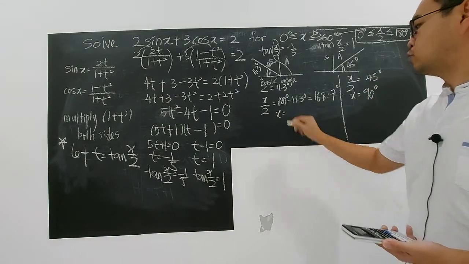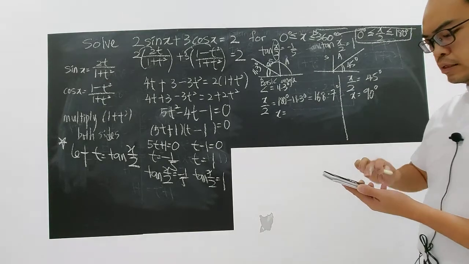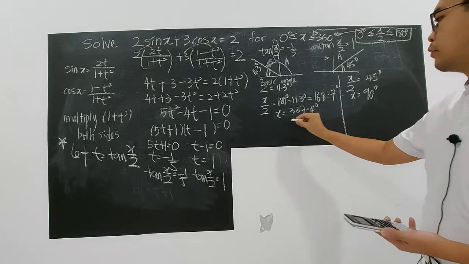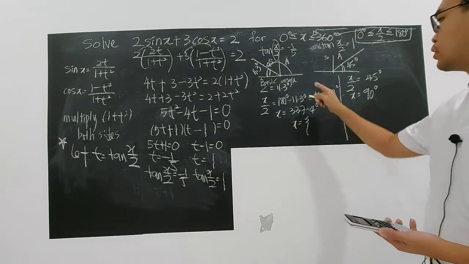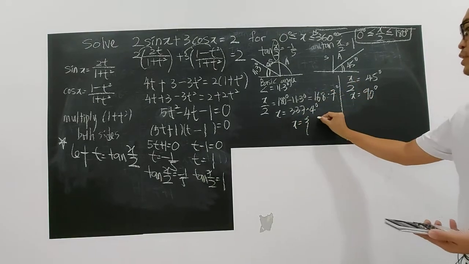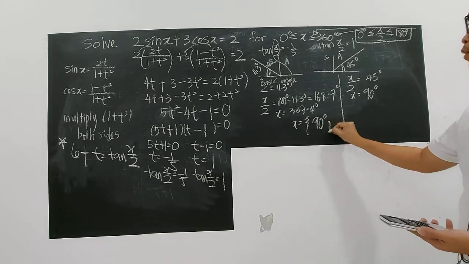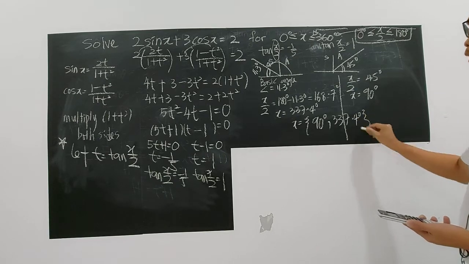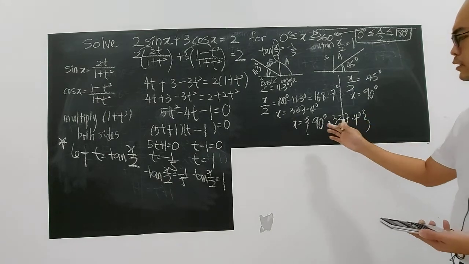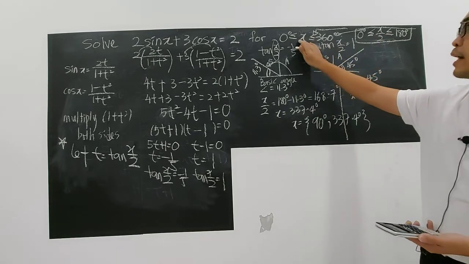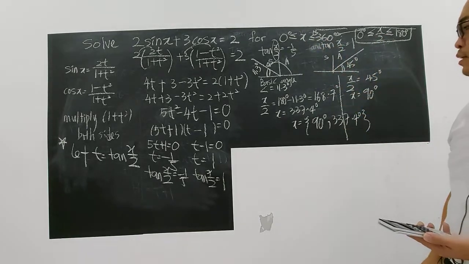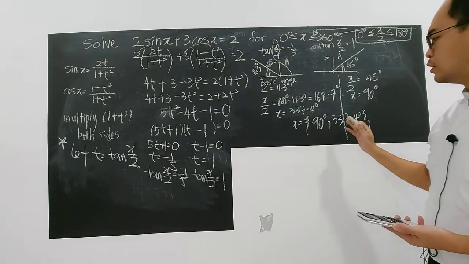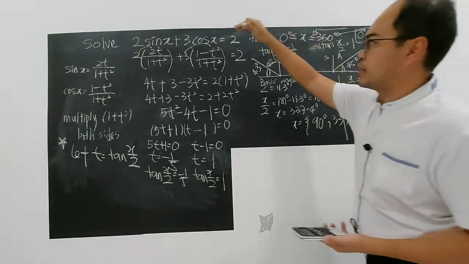This one also I multiply by 2, and I get 337.4 degrees. Now I can list out the solution: union, which is 90 degrees or 337.4 degrees. You see these two angles are in the range, x between 0 and 360, and these two angles are the only angles in this range that satisfy this equation.